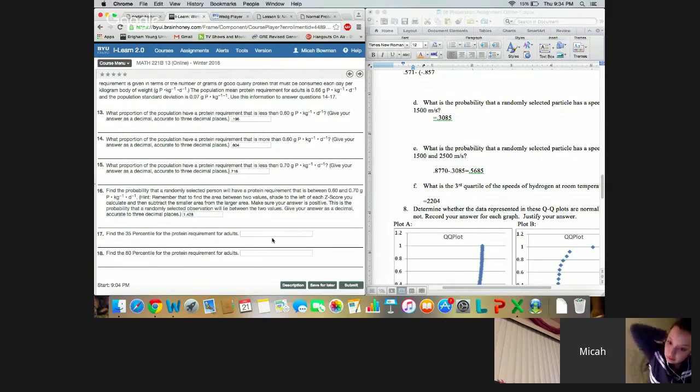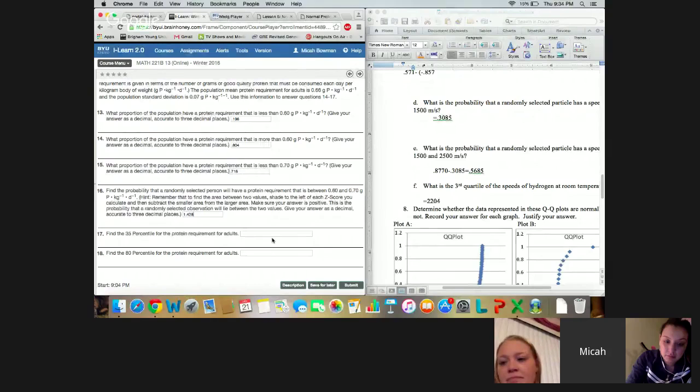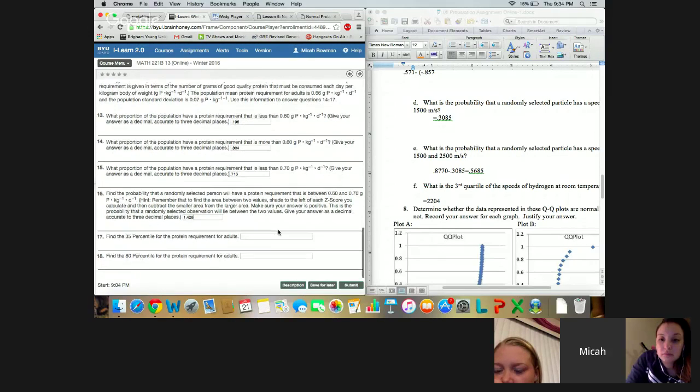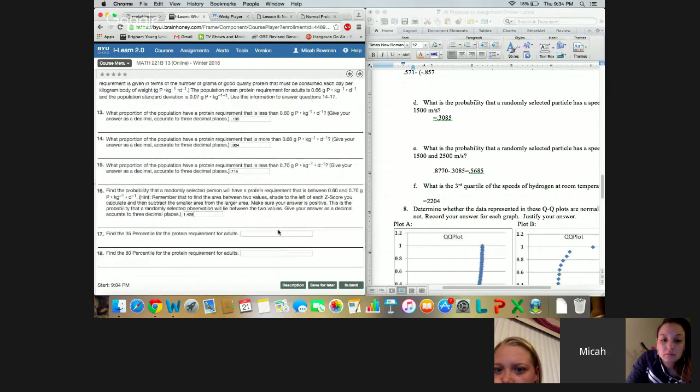Find the 35th percentile for the protein requirement for adults. Let's write down our Z formula and write down what we know.